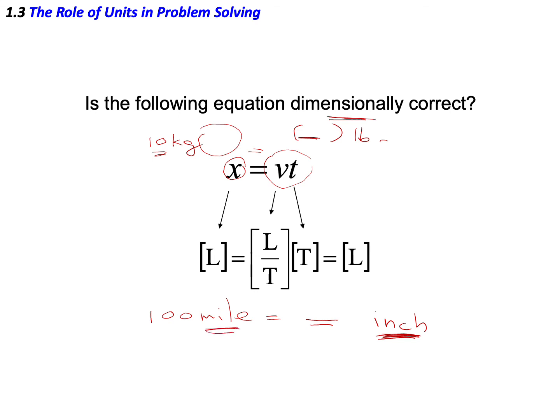So you have to have the right units. You can start with miles but you cannot end up with kilograms, because those units are not matched. So you have to have similar units. It can be metric, it can be US customary system or CGS, but it has to have the right dimensions.